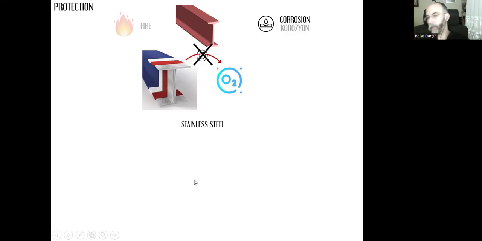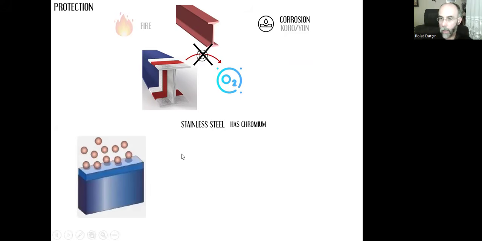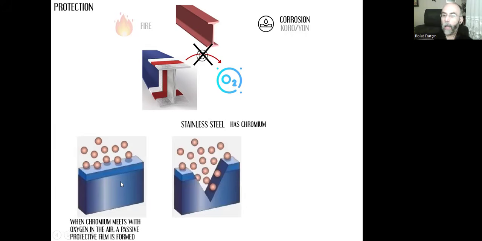Or we can prefer stainless steel because stainless steel has chromium inside it, and the reaction between the chromium atoms and the oxygen atoms will create a passive protective film, and that's chromium oxide, and it's automatically being created.